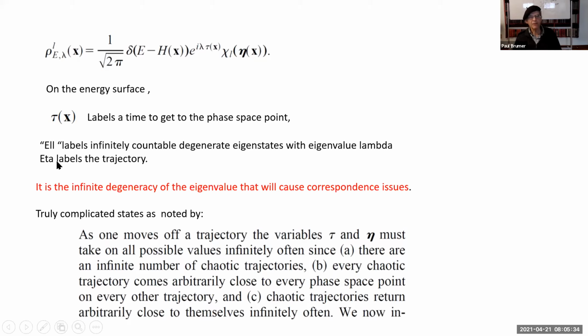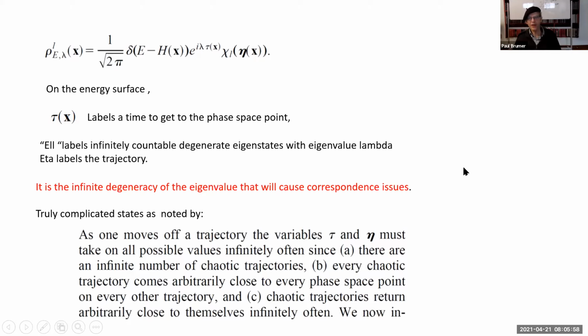And eta labels the trajectory. If you wish to generate this function, you might start at some trajectory and evolve that trajectory in time. That fixes the value of eta. Tau then tells you how much time it took to get to a certain point, and that gives you this function, rho E lambda X.